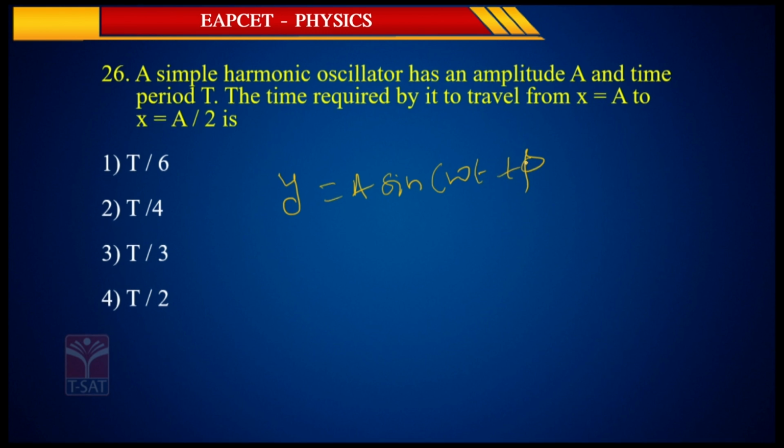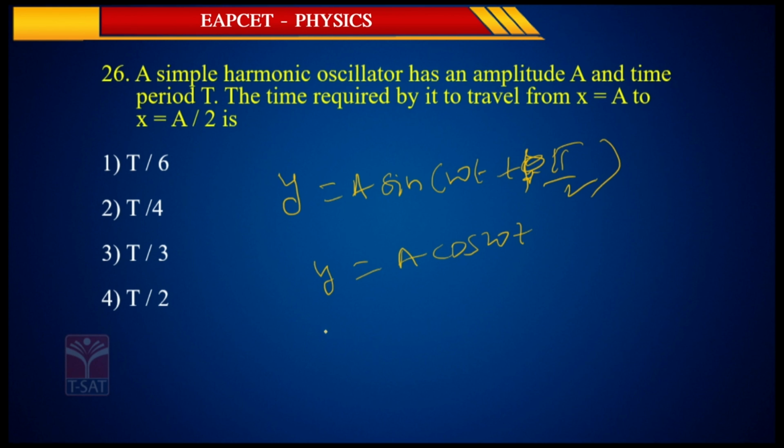Here this is pi by 2, that means a sin(omega t plus 90). This value is what here? Here cos omega t. Suppose y is equal to a cos omega t.